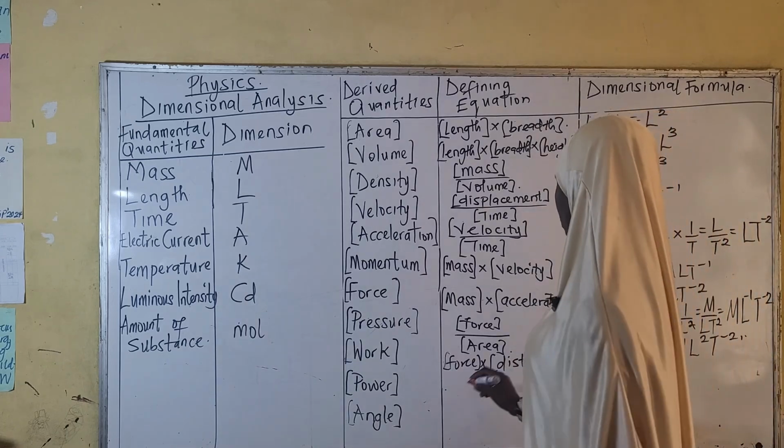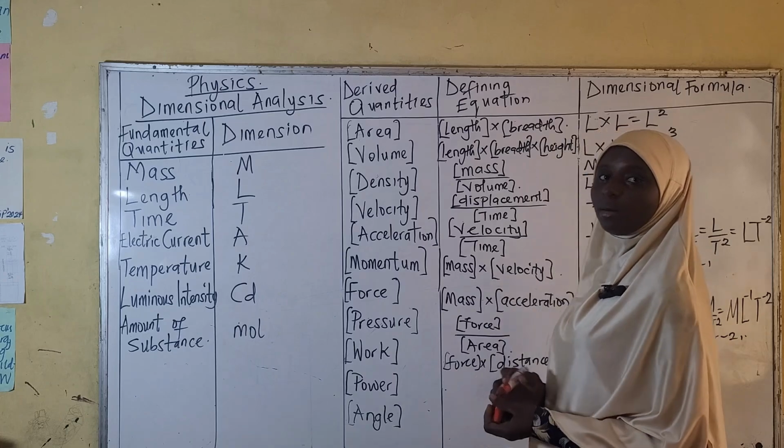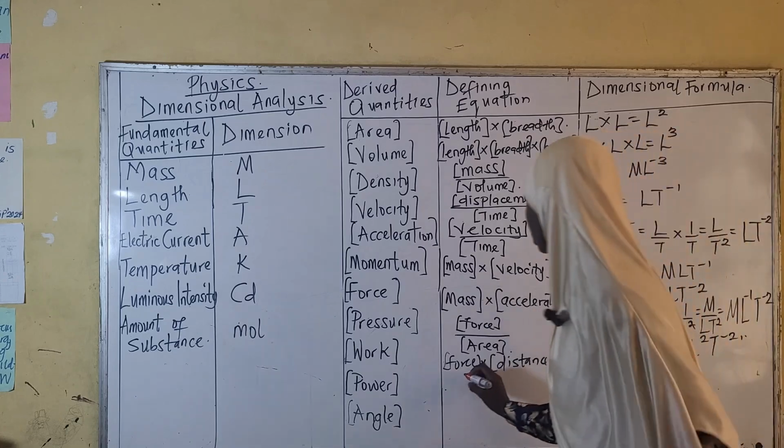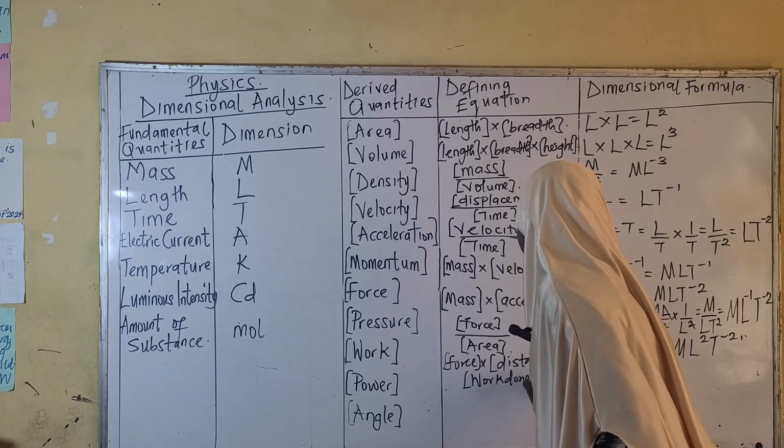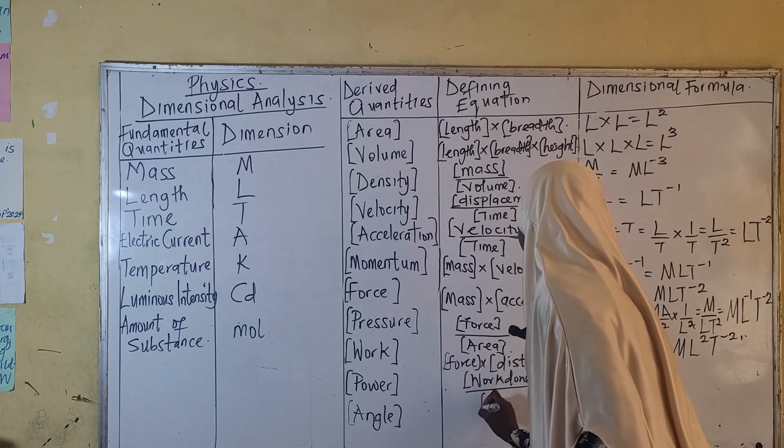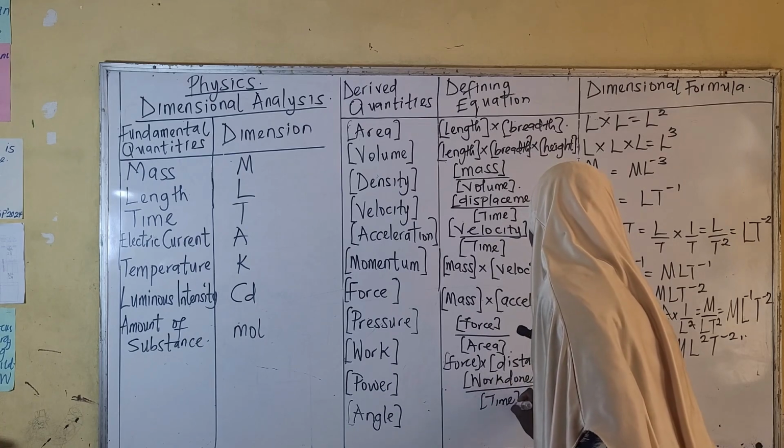The next one we have there is power. What is power? Power is work done over time taken. So I'm going to write it as the dimension of work done over the dimension of time.